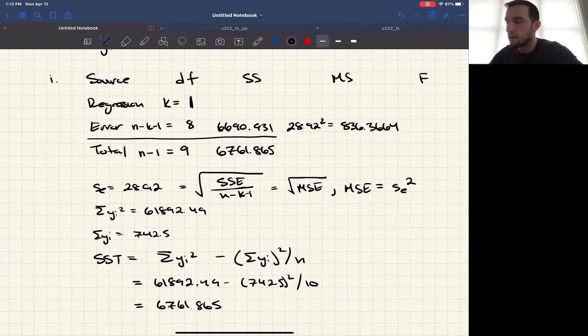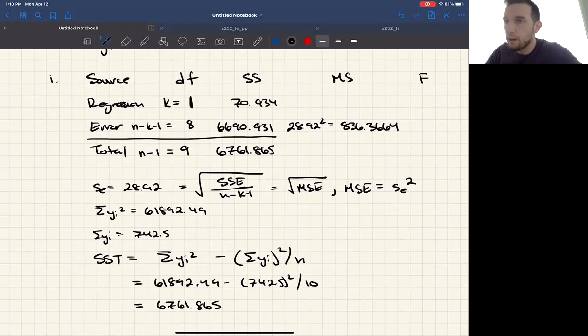Now to find the sum of squares regression, we know that SS regression plus SS error must equal SS total. So therefore, SS regression is just the difference between the total and the error. So that's going to be 6,761.865 minus 6,690.931, which is 70.934.